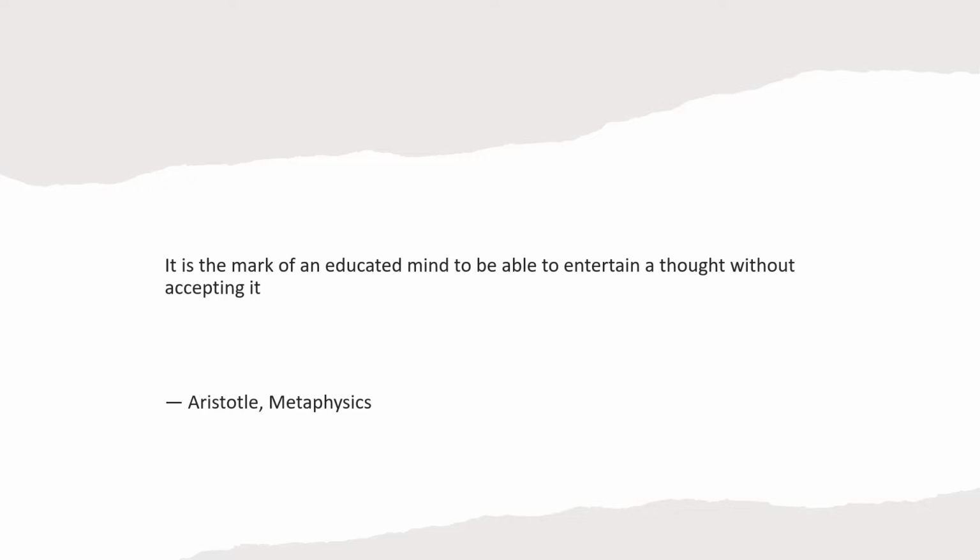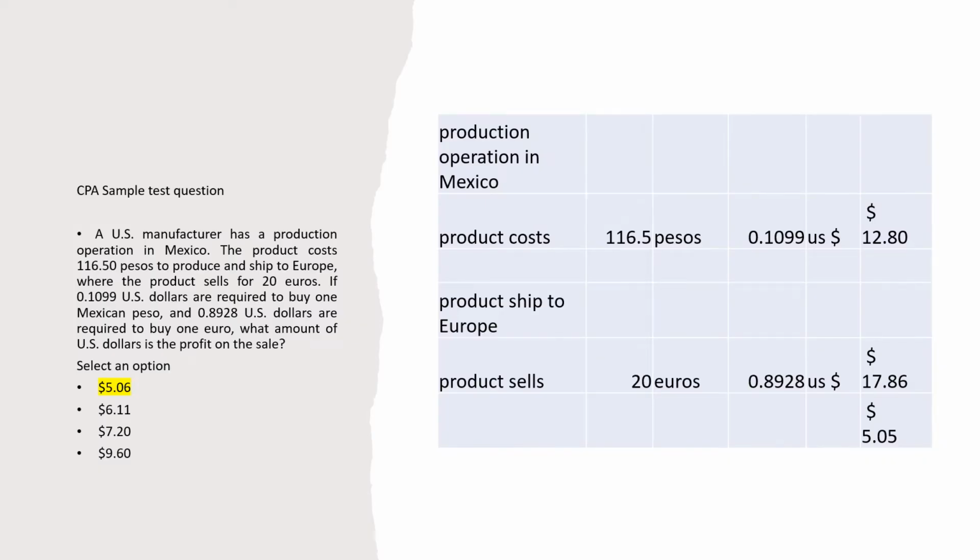Okay, so here's the CPA sample test question. A U.S. manufacturer has a production operation in Mexico. The product costs 116.50 pesos to produce and ship to Europe, where the product sells for 20 euros.